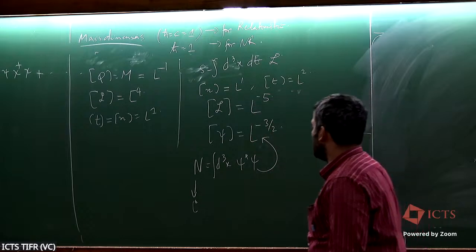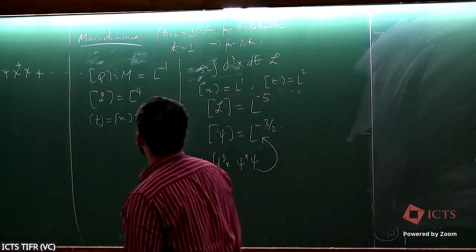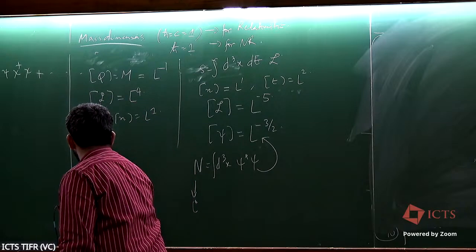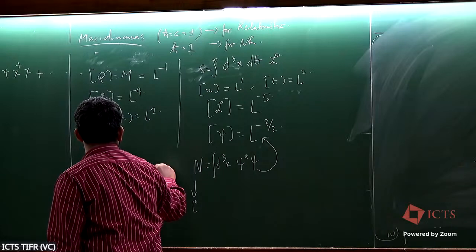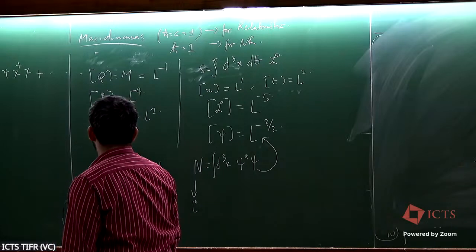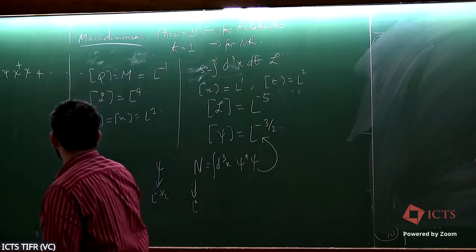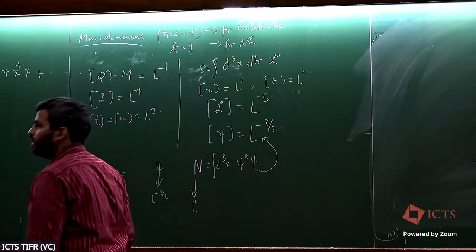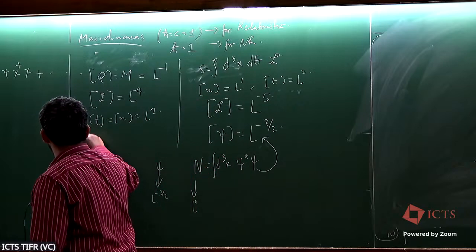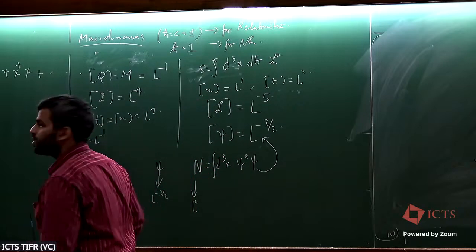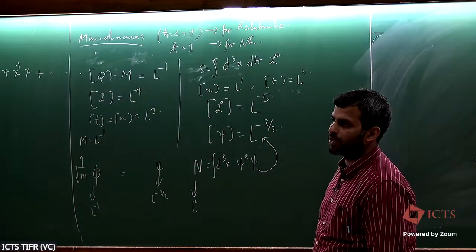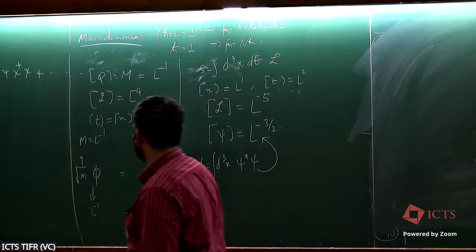This immediately tells you that a field phi whose dimension is L raised to minus 1, I have to relate to a field psi whose dimension is L raised to minus 3/2. The only way I can account for this is to multiply by a root m factor in the relativistic theory, because in the relativistic theory m is L inverse, whereas m is just a parameter for me in the non-relativistic theory.